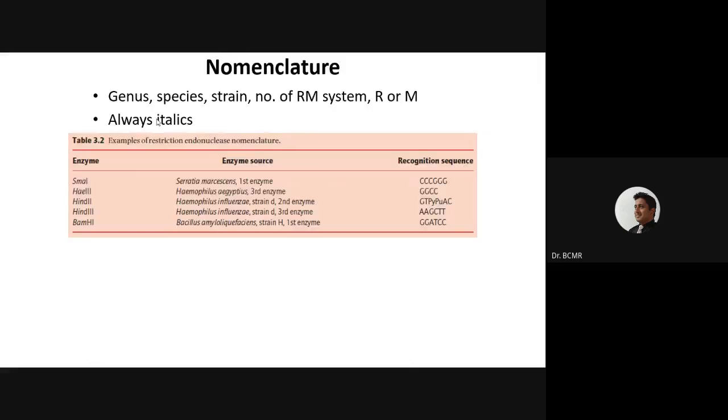So, in the previous classes, we have learned some things. We did discuss the discovery of restriction endonucleases. We learned about what R and M systems are, restriction and modification systems.